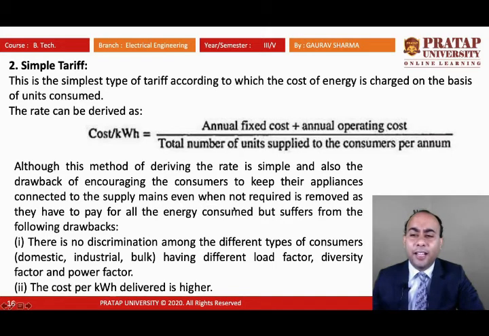It has certain drawbacks, like there is no discrimination among different types of consumers, whether domestic, industrial or bulk, or their load factor, and the cost per kilowatt delivered is higher.